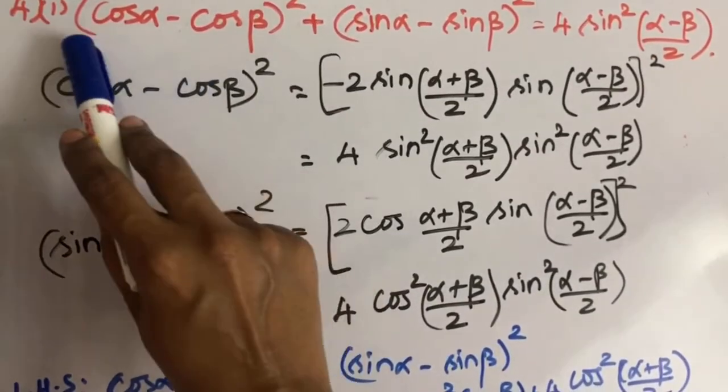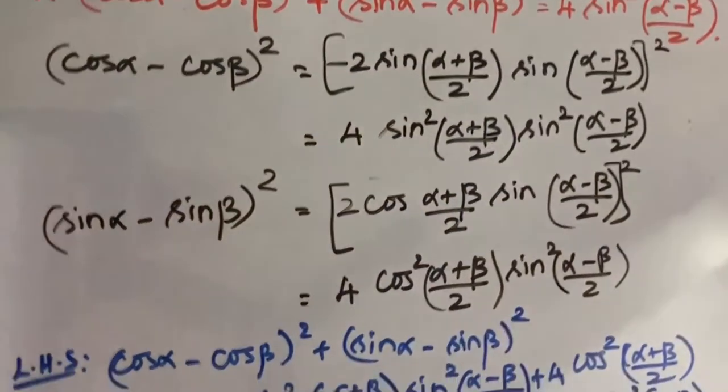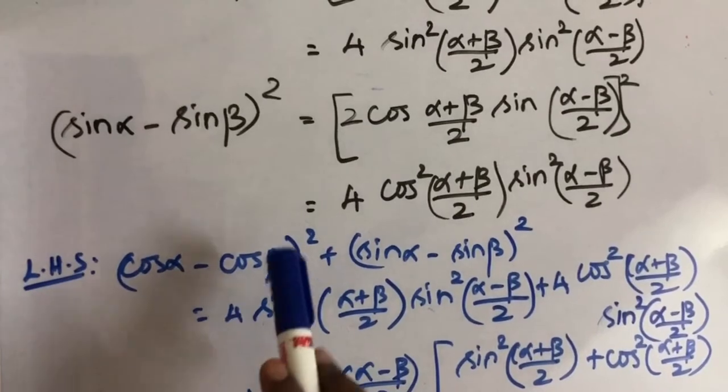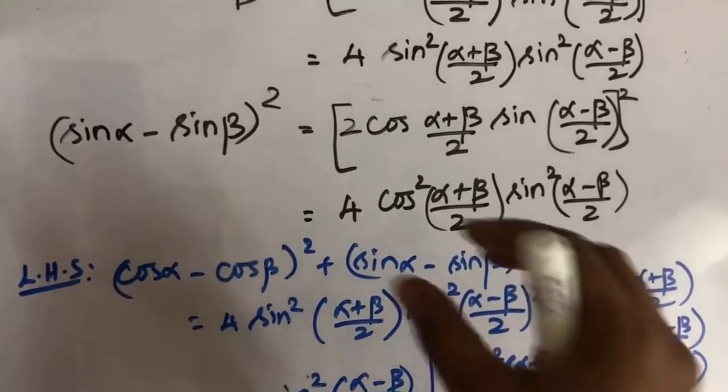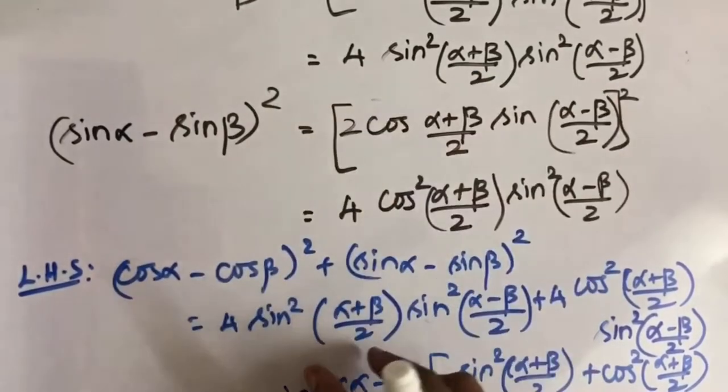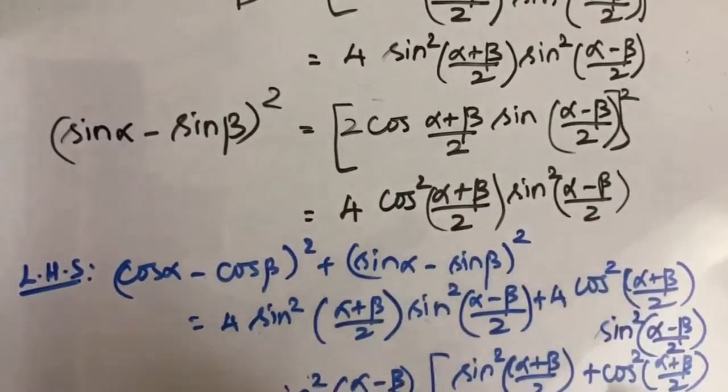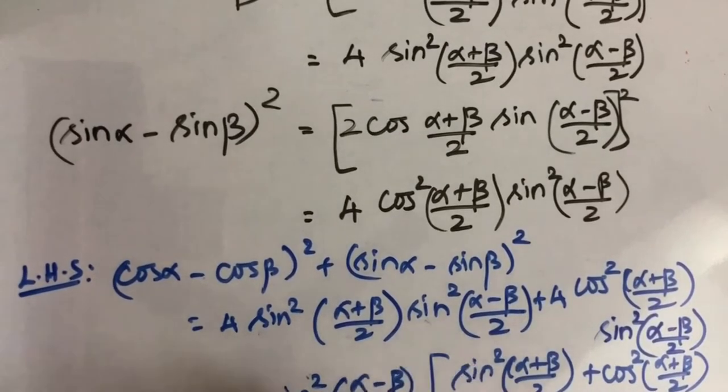So, let us take our LHS and substitute these results. Cos alpha minus cos beta the whole square plus sin alpha minus sin beta the whole square. So, instead of this I substitute this, and instead of this I substitute this. Here in the two terms we can take 4 sin square alpha minus beta by 2 outside.